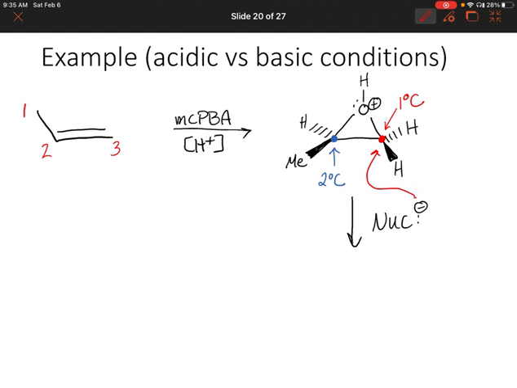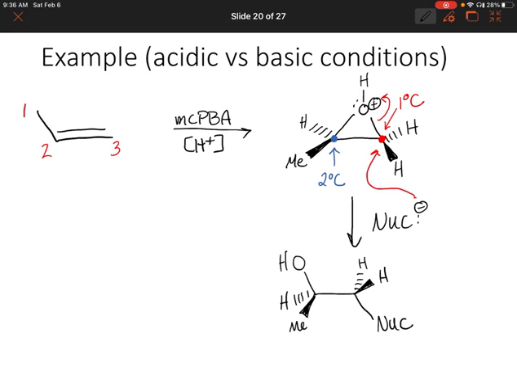All right, so that would open up our ring, and we would end up with an OH group off to the upper left, and then our nucleophile down below, and then we've got our hydrogens on the right-hand carbon, and then we have a methyl group and a hydrogen on the other carbon.